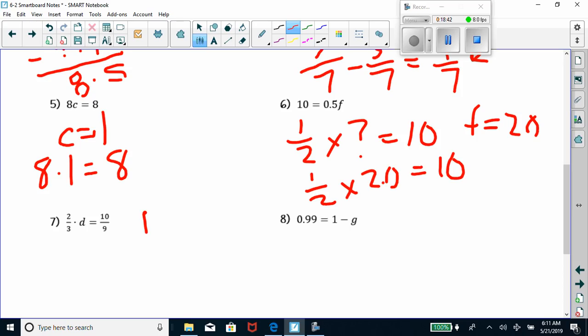So think of it as if this was this problem: if I had 4 times some number equals 12, how would I solve that mathematically? Well, I would know just on inspection that d must equal 3 because 4 times 3 equals 12. So if I was thinking how would I solve that mathematically, I would say 12 divided by 4 equals 3. So 12 divided by 4 equals d.